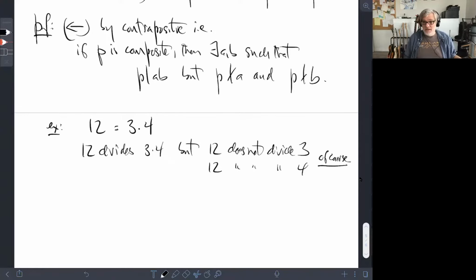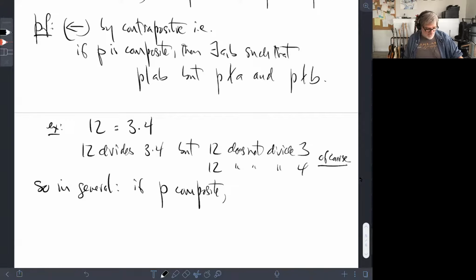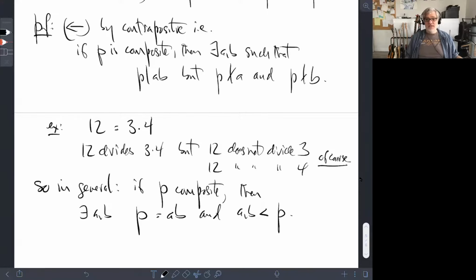And that's true for any composite number. So in general, again, this is not a proof, but it's the idea of the proof. If P is composite, then there exist A and B such that P equals AB and A and B are less than P. That's all I need.